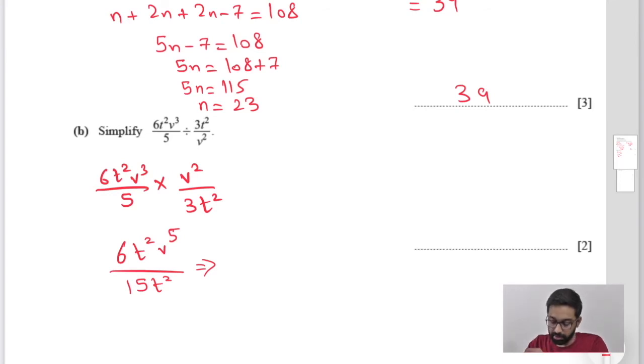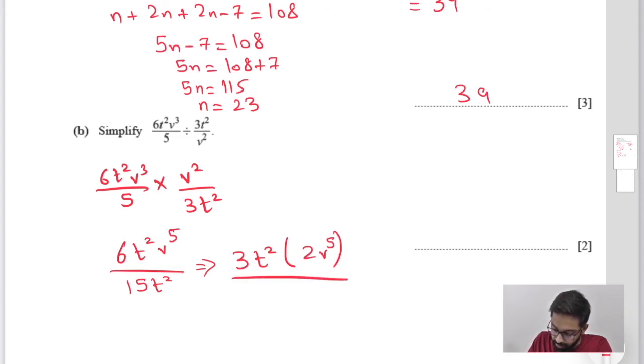The next step is you find the common factor between the numerator and the denominator and you simplify. First, let's find a common factor in the numerator. So, the factor that can be taken out of the numerator is 3t squared, and inside the bracket you would be left with 2v to the power of 5 over, of course, you need 3t squared at the bottom as well. So, you write 3t squared, and inside the bracket you'd just be left with 5.